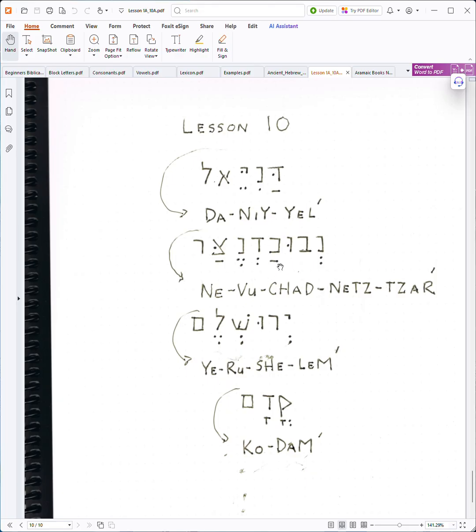This Shabbat follows a short vowel, so it's not pronounced. Netz, tz, because of the dagesh, ar. And the r's are usually rolled, so it'd be tzar.